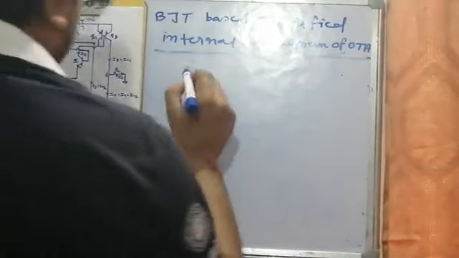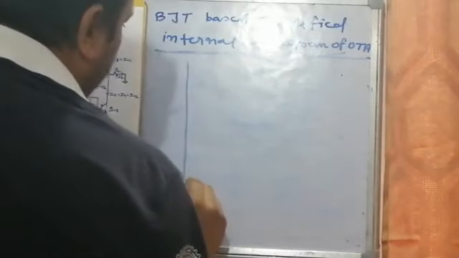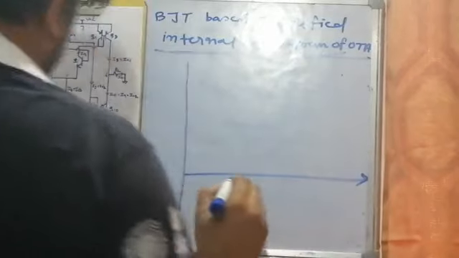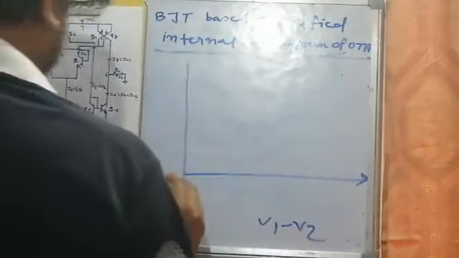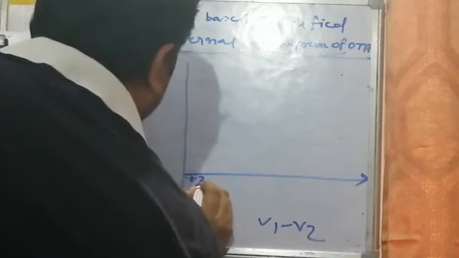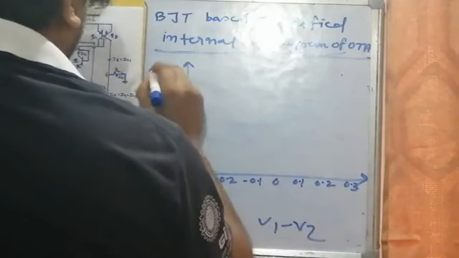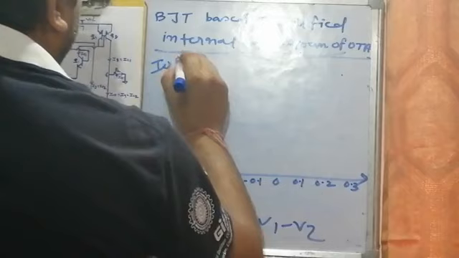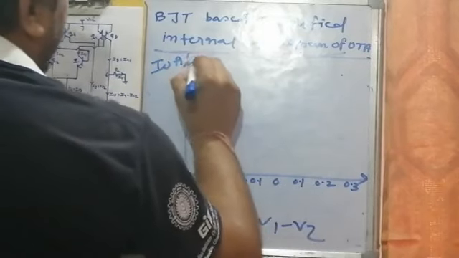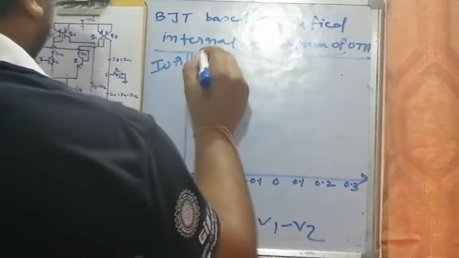So look here, this is V1 minus V2. Here I am writing minus 0.3, minus 0.2, minus 0.1, 0, 0.1, 0.2 and 0.3, and this is output current I0, unit in amperes, 10 to the power minus 8.